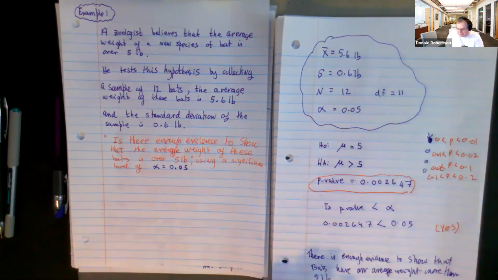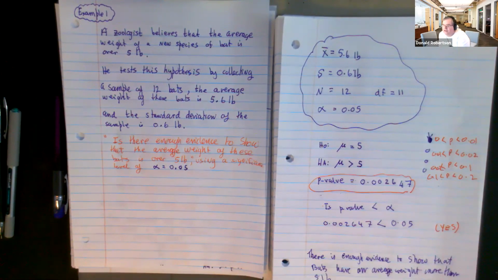So we could say a phrase like, it's a statistically significant result that these bats do on average weigh more than 5 pounds. In the jargon, there's enough evidence to reject H naught, and therefore the alternate is true. That's the lawyer way of saying the same thing.